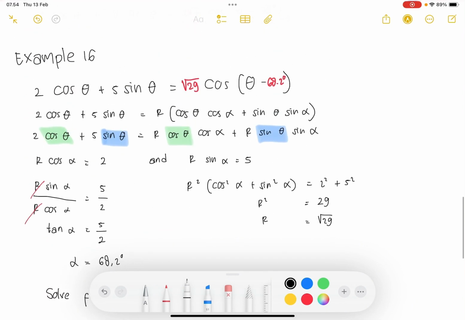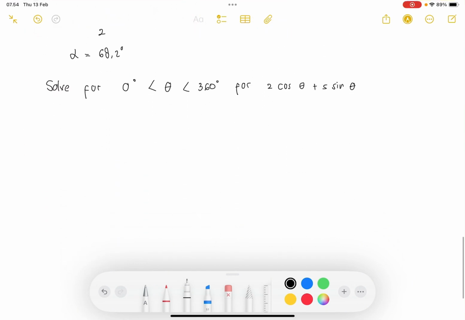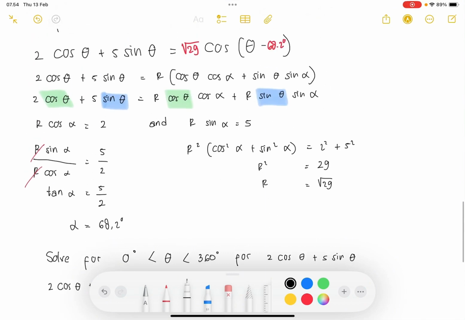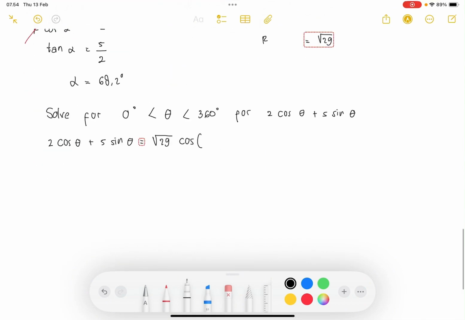Okay, so we have found already that this 2 cosine theta plus 5 sin theta before is actually equal to root 29 cos theta minus 68.2 right here, right? Okay, so how do we solve this then?